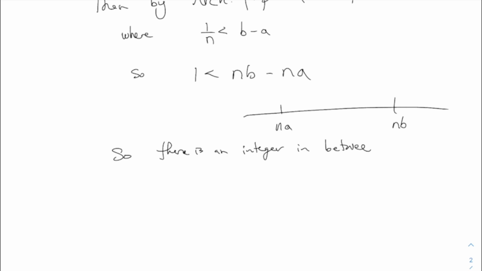That's because we're talking about two numbers where the distance in between them is, I'll just write it in words, more than 1, right? And I hope you agree, if I have two real numbers and they're further than distance 1 apart, it means there's a whole number in between them, right?